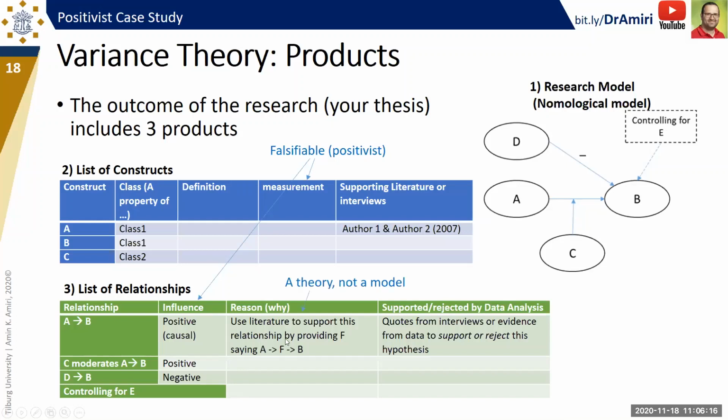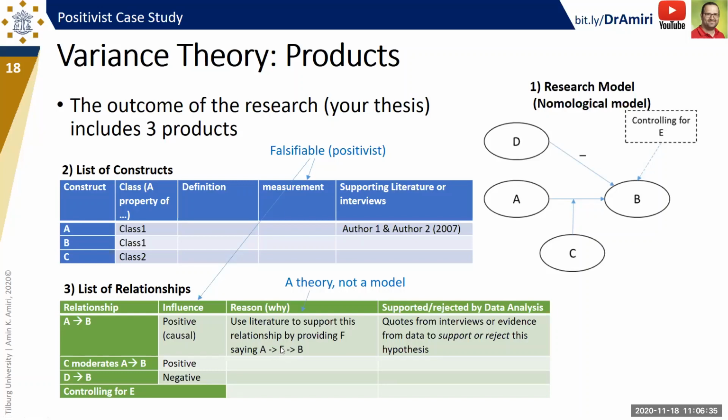Another important thing is that if you don't provide these F in your thesis, in the paper, then you don't have a theory. It's just a model. So take this seriously. This F is very important as a reason.